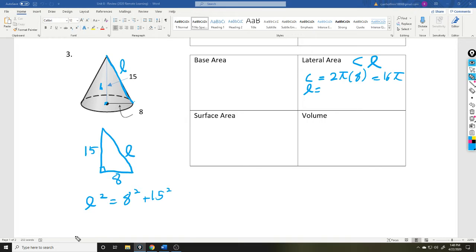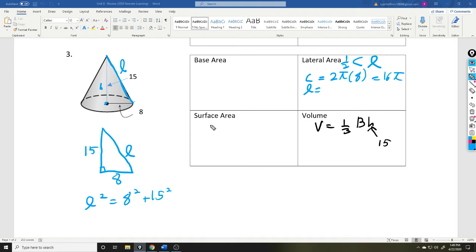But then when you go to do volume, volume for a cone is 1/3 area of the base times the height. And height, here's where 15 goes. Oh, one quick correction. Lateral area formula's got a 1/2 for the cone.